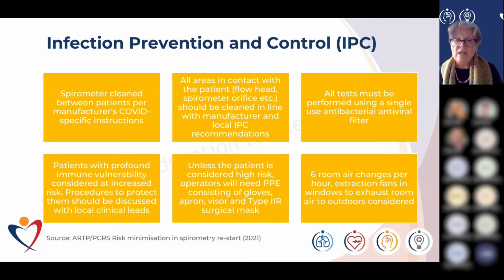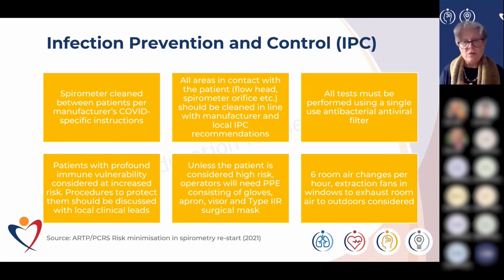Those 6 room changes of air per hour, and as I've said, extraction fans in the windows to exhaust the room air to the outdoors might be considered for you. So those are all the things that we need to make sure. So ventilation, IPC, PPE, and making sure that you have cleaned the spirometer to the manufacturer's recommendations.